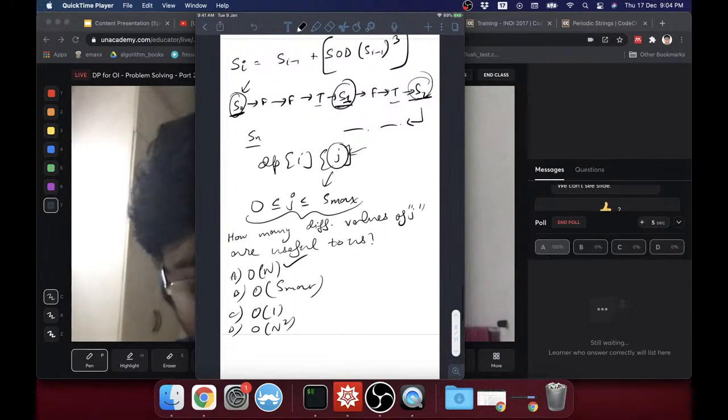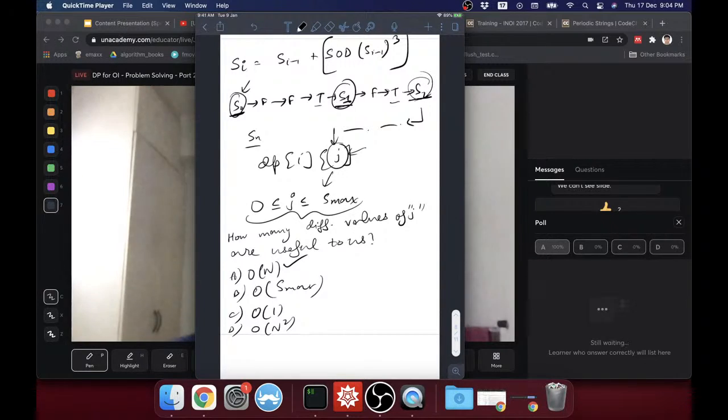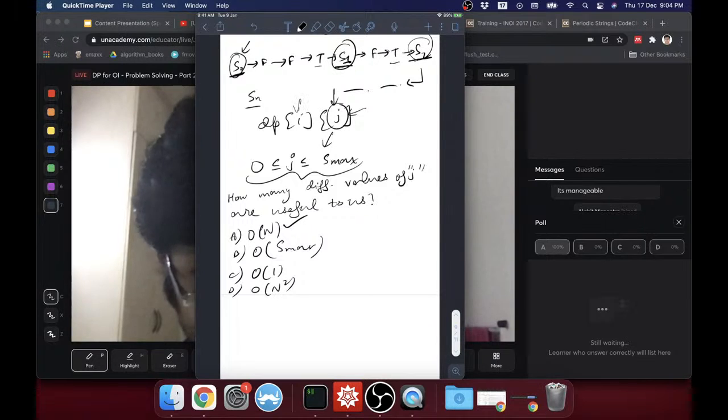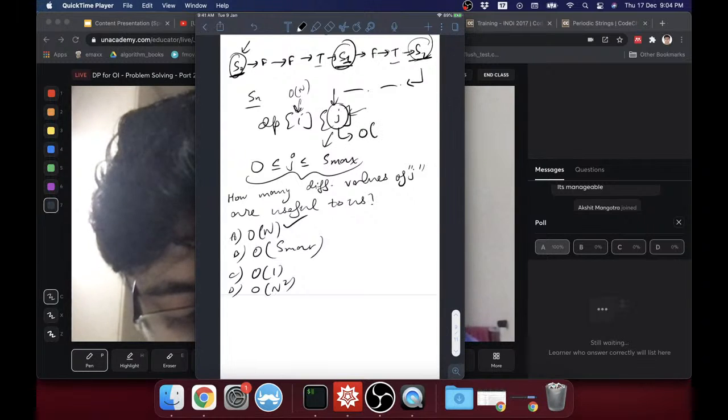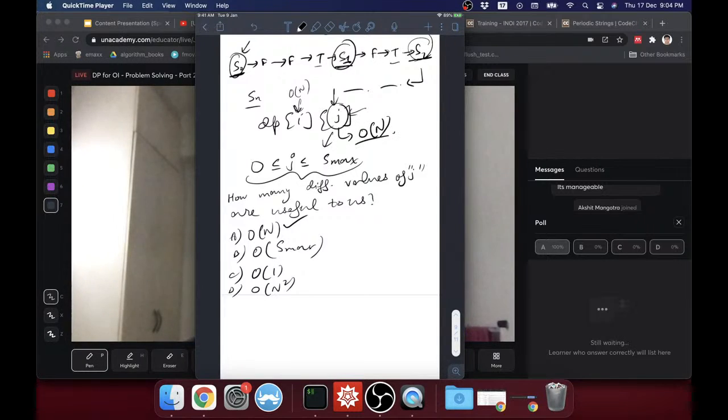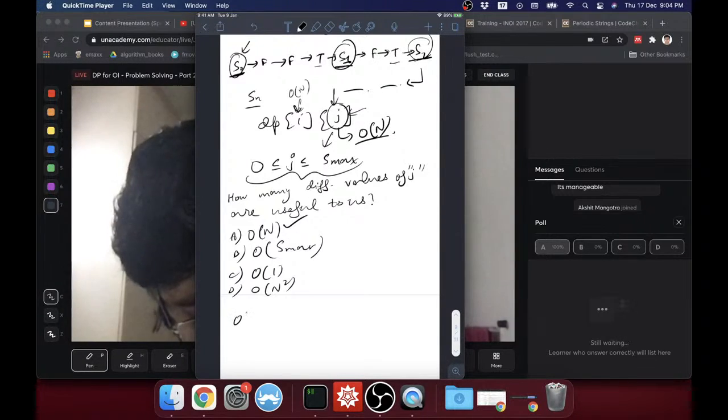So we know that all the values of j are not actually useful to us. Only some values are useful to us. That's good for us because we know that we don't have to calculate all j values. So we technically know intuitively that this thing ranges order n, which is i, and j also ranges order n because the useful values are only order n for us. So our total recurrence is roughly n square.